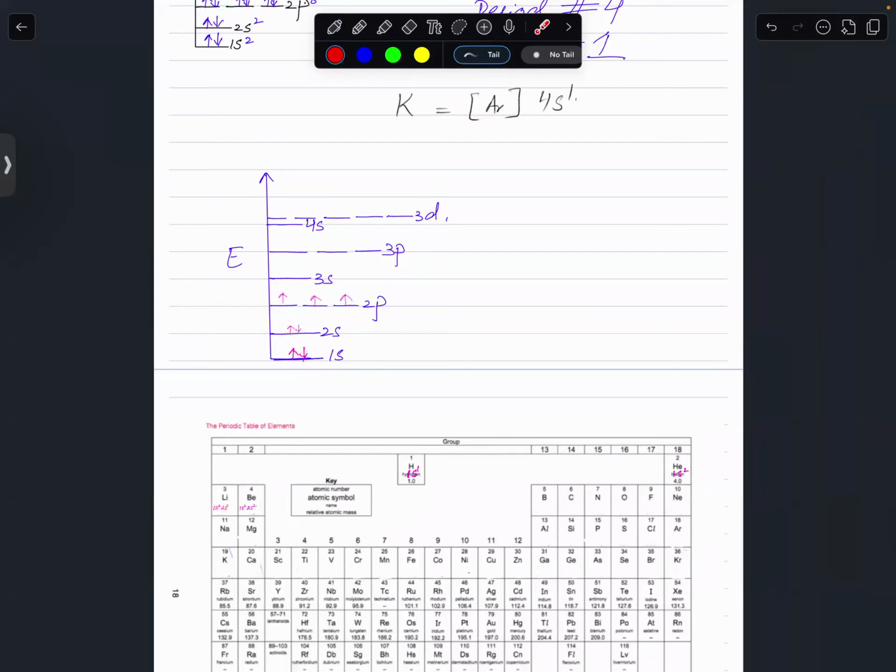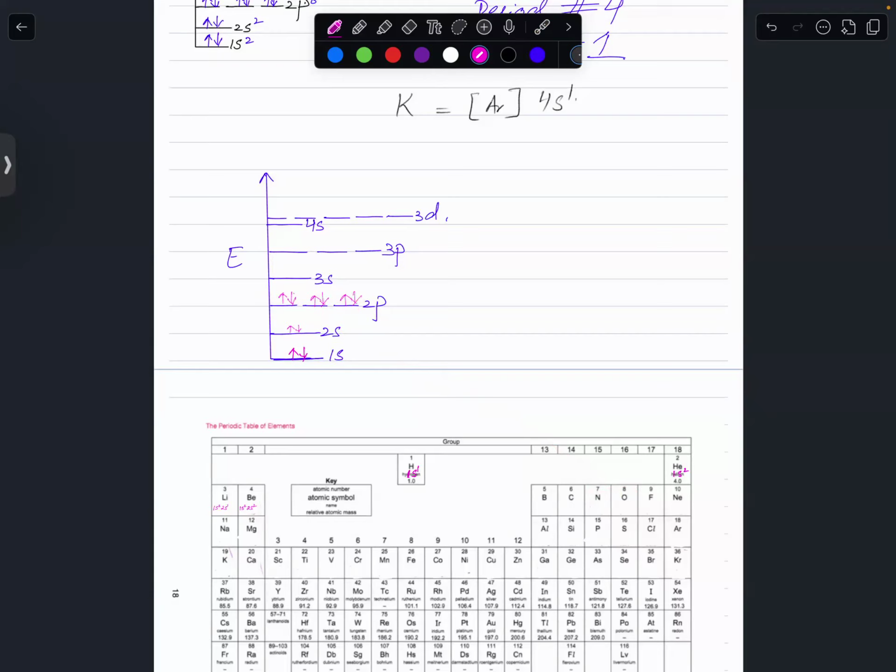But for boron, 2p1, 1 unpaired, 2p2, 2 unpaired, 2p3, 3 unpaired, 2p4. Once it is 2p4, how many unpaired? 2. 2p5, 1 unpaired. 2p6, no unpaired.